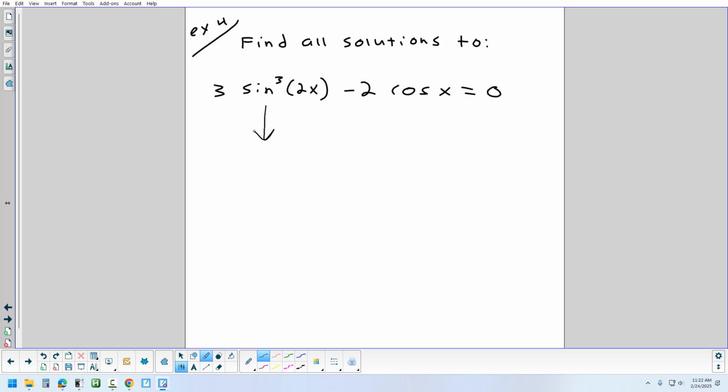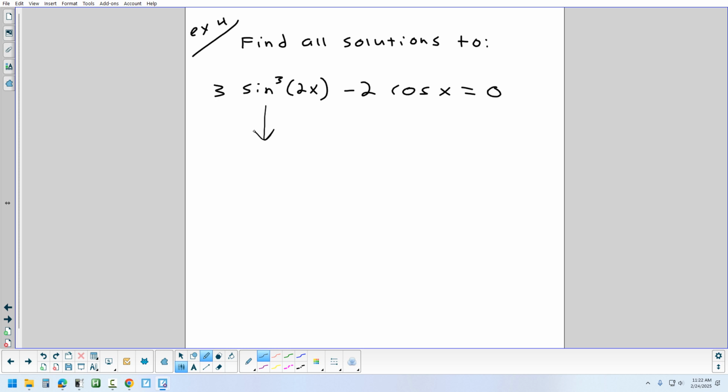It equals 0. Okay, it already equals 0, so we're good. We don't have to change it around to make it equal 0. Find the period of each term that has trig.